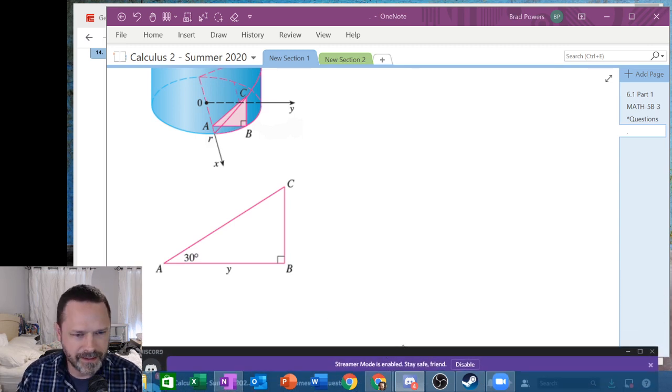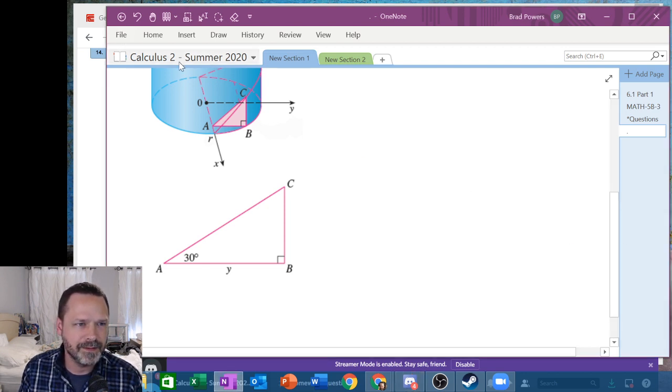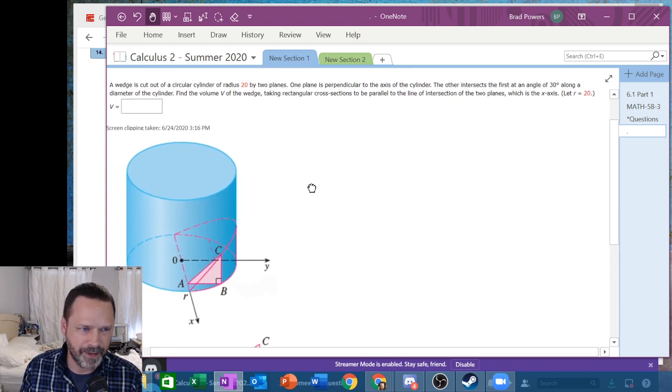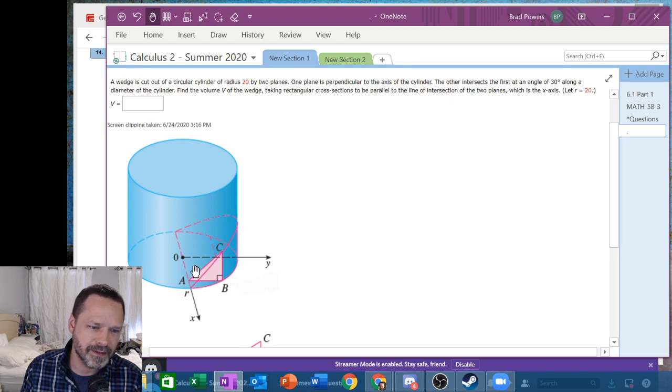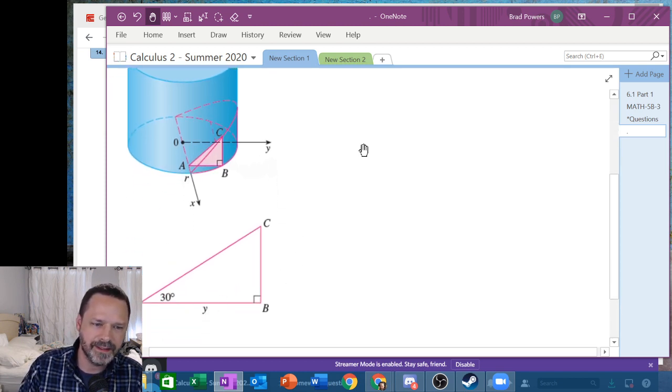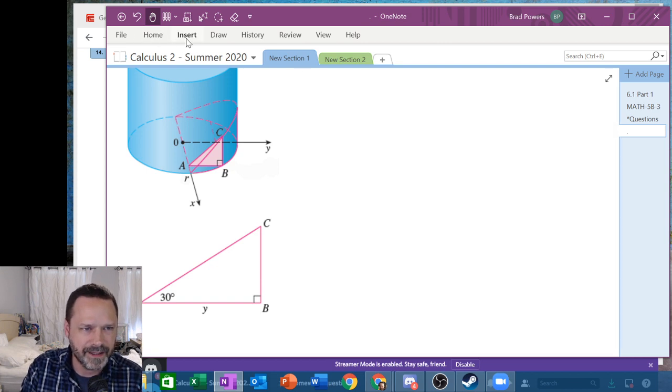So anyway, what was I going to say? Oh yeah. Let's read this first, go over my mistake, and then we'll do it the right way. What I was trying to do was make this triangle my cross sections.